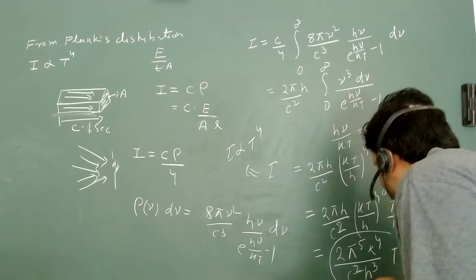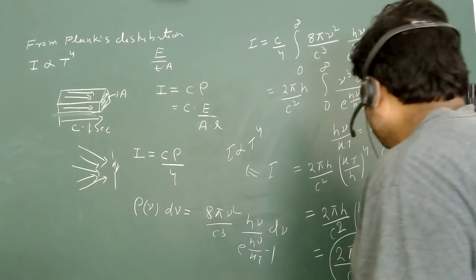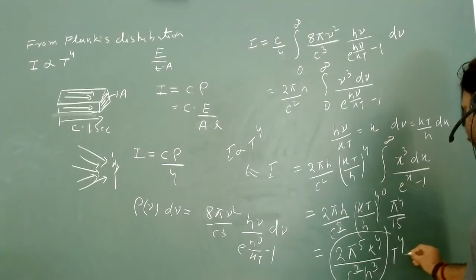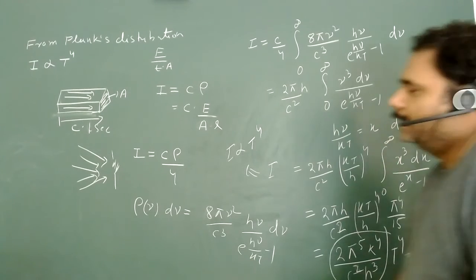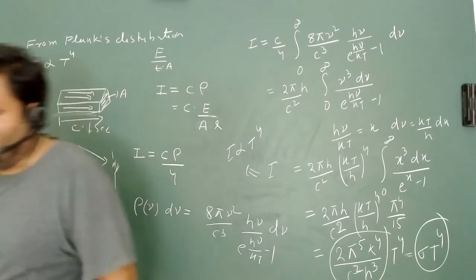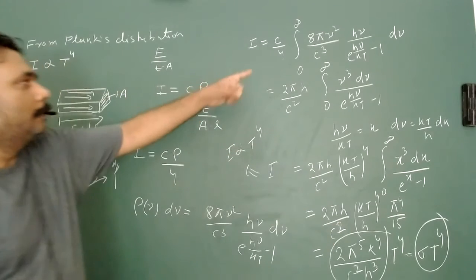This exactly matches Stefan's law, sigma T to the power 4. So you can derive Stefan's law from Planck's law.